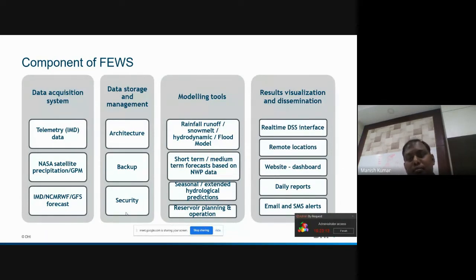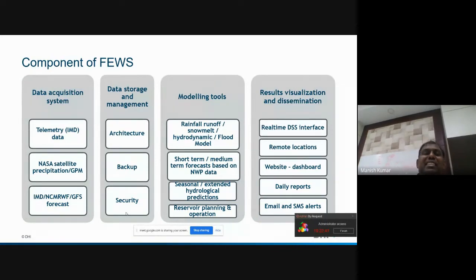Then you have workstations and servers, because all the process is going to be in automation mode, so all your system should be open 24/7. So for that you need a server for real-time projects and good quality workstations.